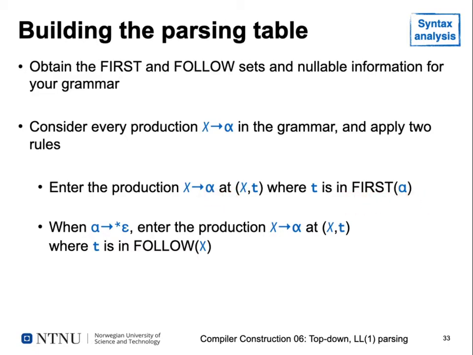So this means we try to match the first character t here to this production here. So we actually try to see if it fits in. And if alpha goes to something with an epsilon, then we enter the production X derives alpha at the point X t, where t is actually in the follow set of our non-terminal symbol X.